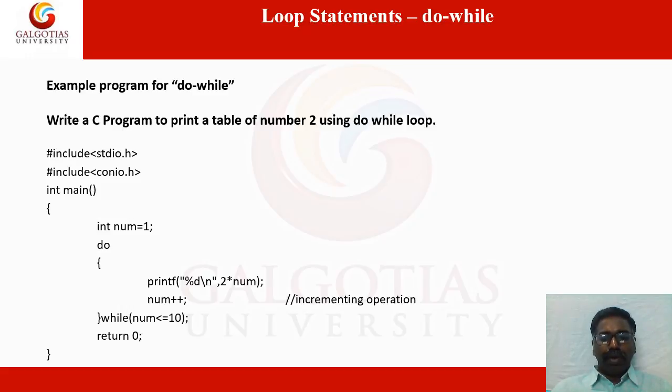It will repeat for finite time only, and according to this input we have the output like this: 2, 4, 6, 8, 10, 12, 14, 16, 18 and 20 will be printed, and at that particular time num plus plus is there, so that it will go to 11. So this do while loop will exit.